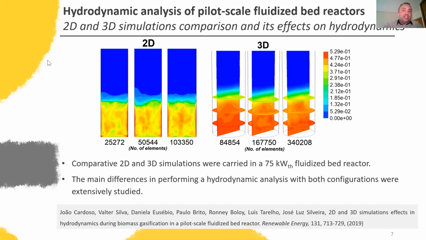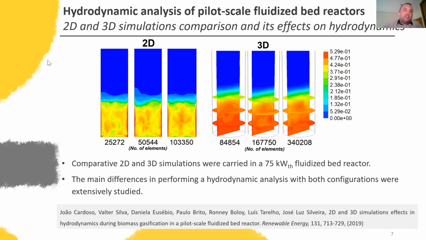So this is an example between 2 dimensions and 3 dimensions. What is important here is to try to understand first what is the best option. In most cases, it is 2D simulations because the differences are not so wide. And if we want to design or understand what is happening, 2 dimensions is okay.